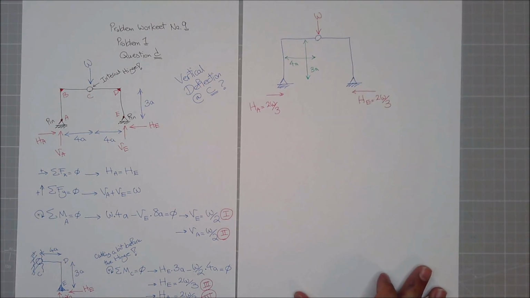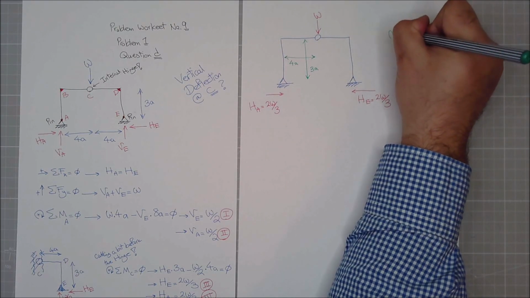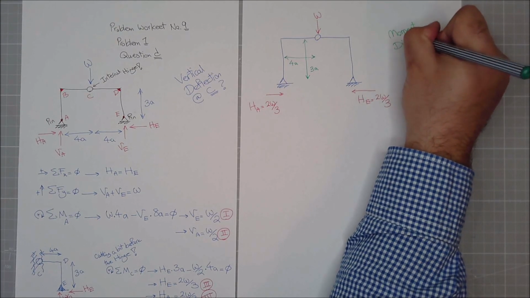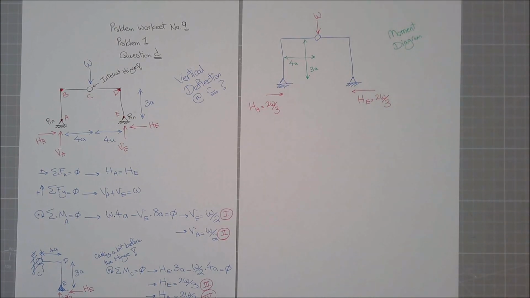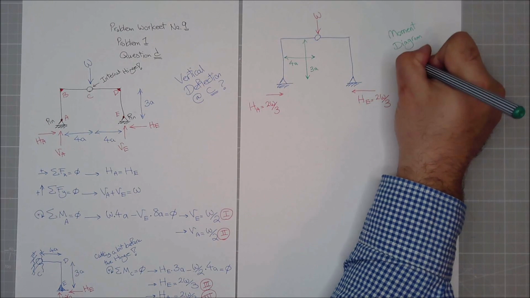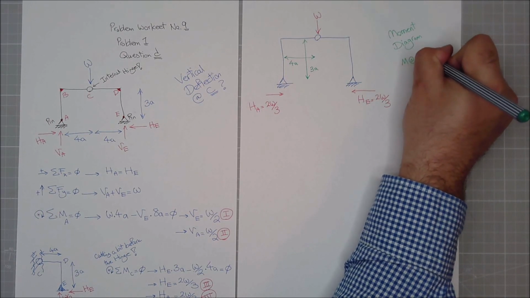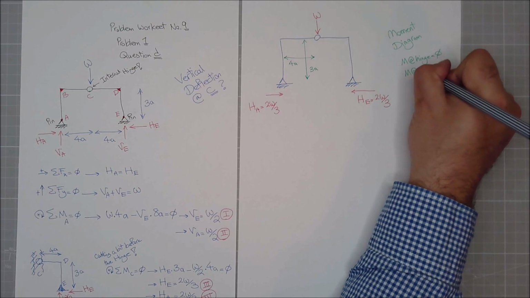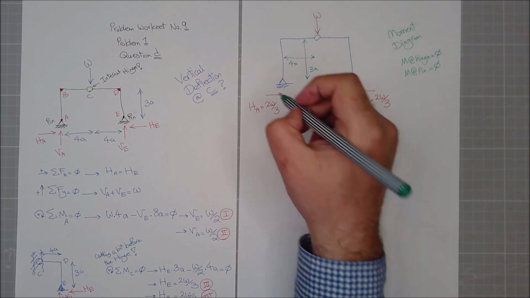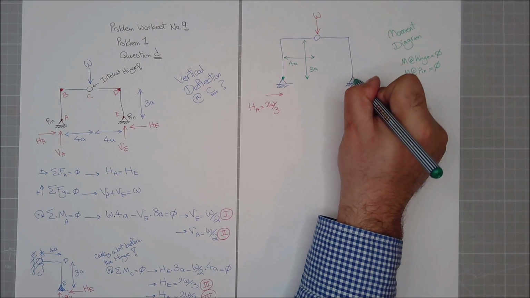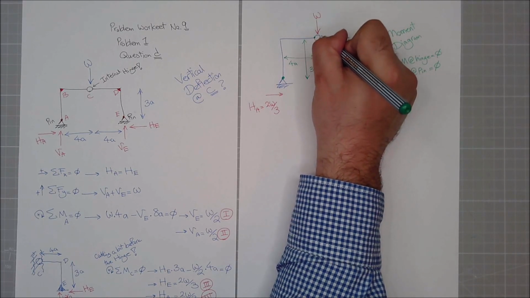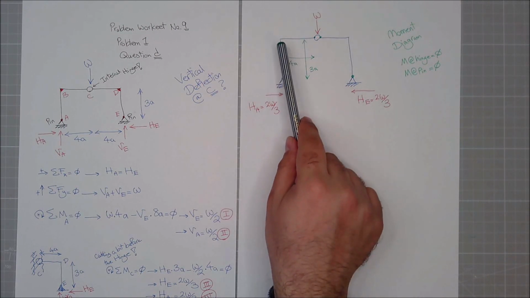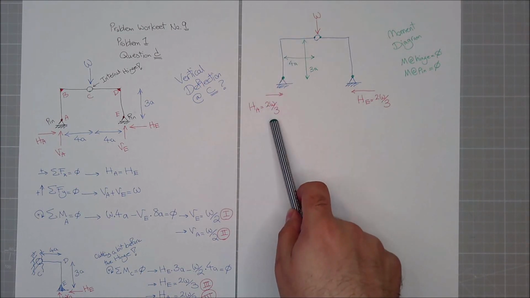if I'm drawing the moment diagram, I know moment at hinge is equal to 0. I know moment at pin support is equal to 0. So I expect my moments to come to 0, to come to 0. The only problem is here. And the only thing which is causing a moment here is this guy.